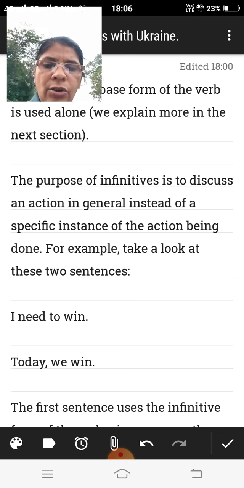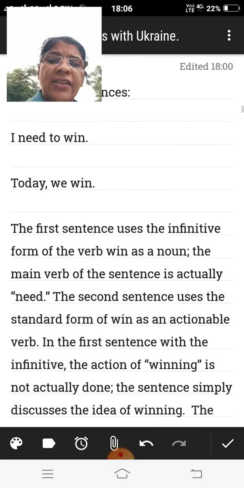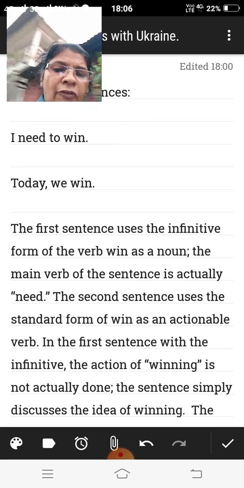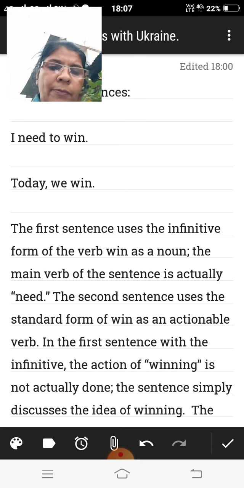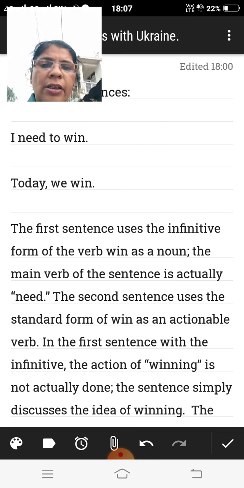I need to win. Today we win. The first sentence uses the infinitive form of the verb win as a noun. The main verb of the sentence is actually need.